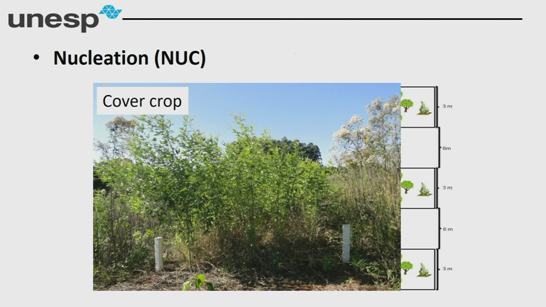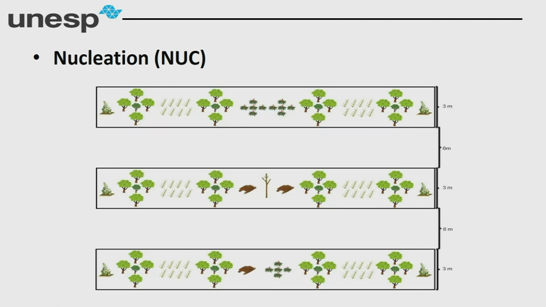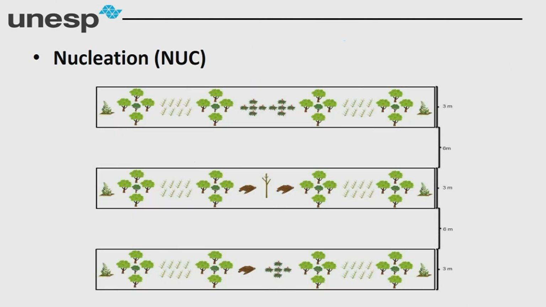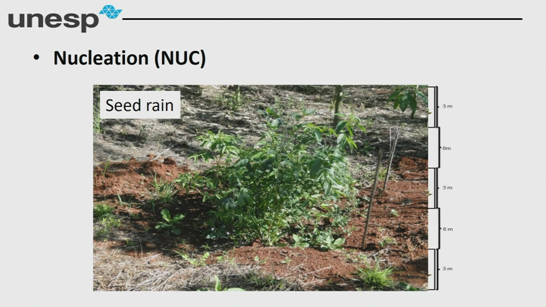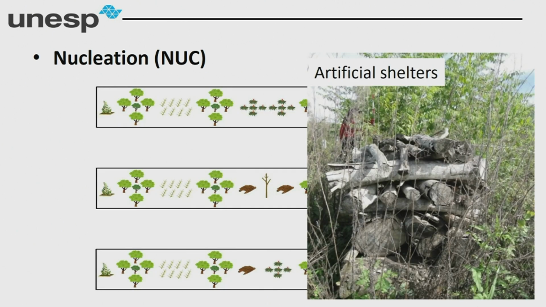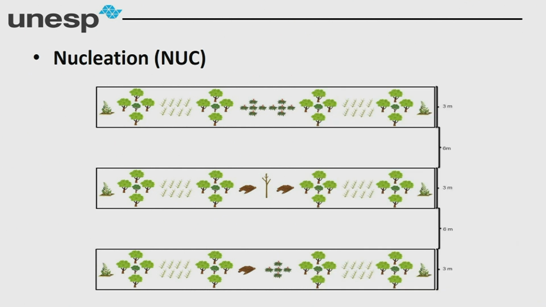We also used cover crop. So each strip had 2 cover crops. And we used bromeliads. This first strip had 2 nuclei of bromeliads. And we also used seed rain. So each strip had 1 seed rain. The difference between the strips was in the middle.